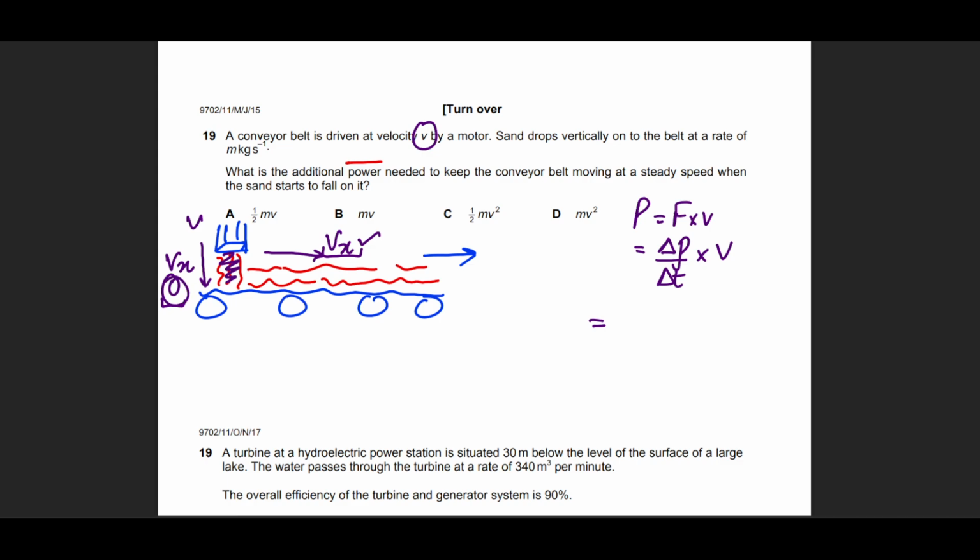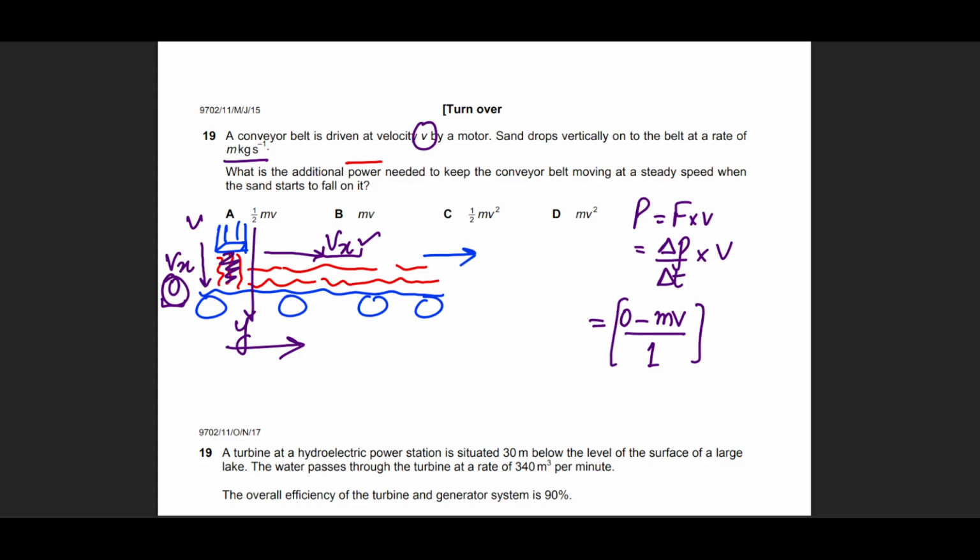Previously that momentum was 0 along the x-axis, in the forward direction. Previously it only had momentum in the y-axis direction. Now it is in the x-axis direction. So the initial momentum was 0. The final momentum looks like mv, and since this mass is being dropped at m kg per second, I can also put the time over here as 1.